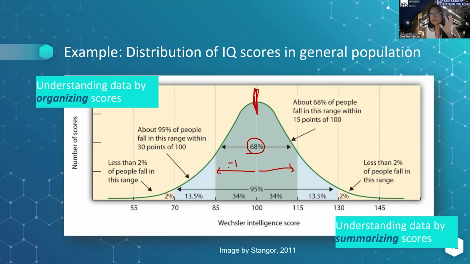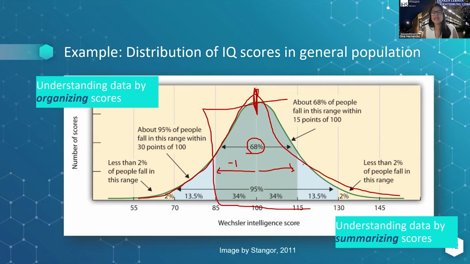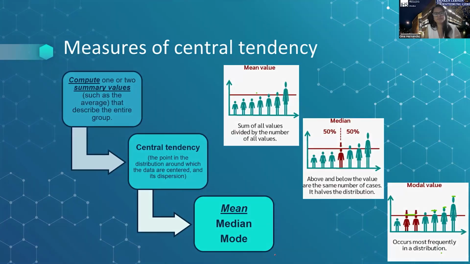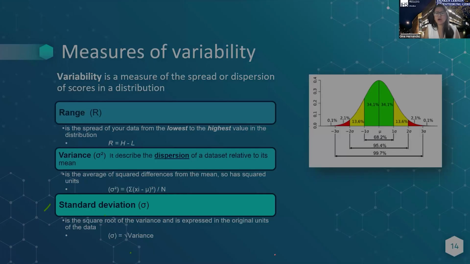This is why it's really important to have a normal distribution, because with it you are able to have a clear idea of what the data is telling you. This is why descriptive statistics is really important, it is actually the basis of inferential statistics. We already discussed all of this.